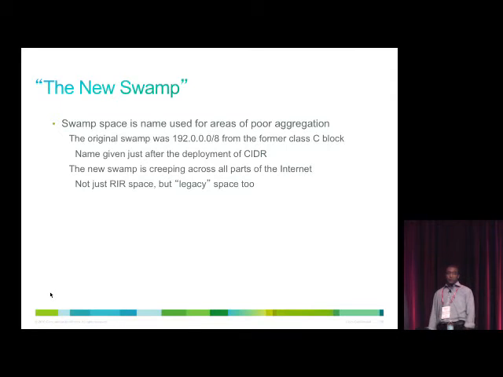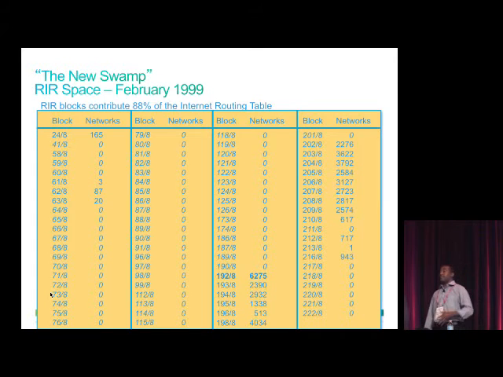So the new swamp. In the past, probably 10 years or so ago, the 192/8 address space was the swamp space. The swamp space is where you see a lot of /24 prefixes on the internet. As you can see here, this is from 1999.